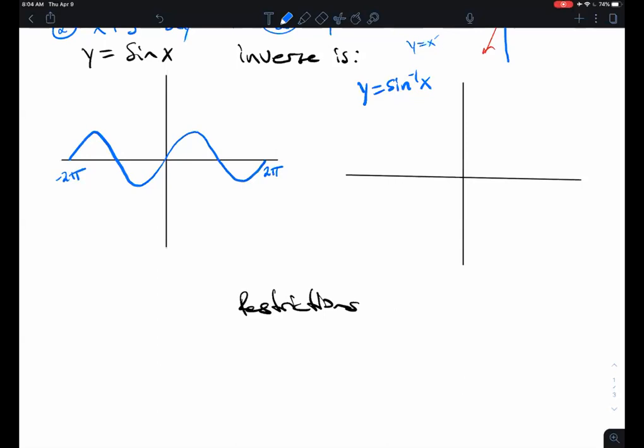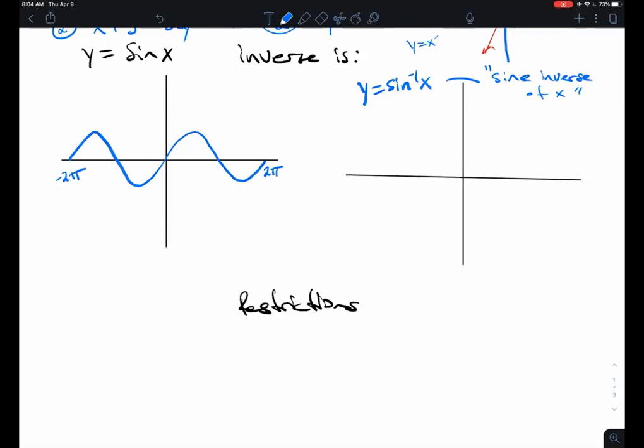That's going to be how we write the inverse for the trig function. This is read as sine inverse of x. And I'll show you another way you can write that in just a minute, but that's kind of the introductory way of talking about these inverse functions.